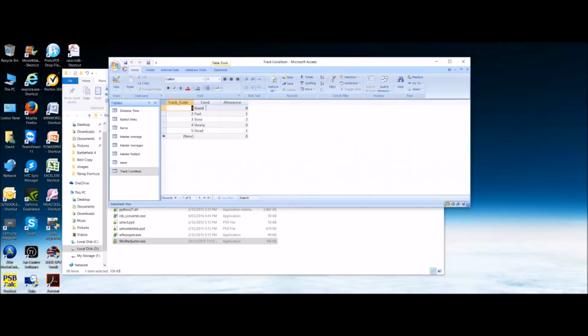Say if it was on a good track, well, you never got any allowance, no seconds in time were removed, because usually a good time on a good track to a heavy track, the time difference is about 4 seconds. So if good being 0, fast being +1 second, to heavy being -3, there's your 4 seconds difference between a good track or a fast track to a heavy track.